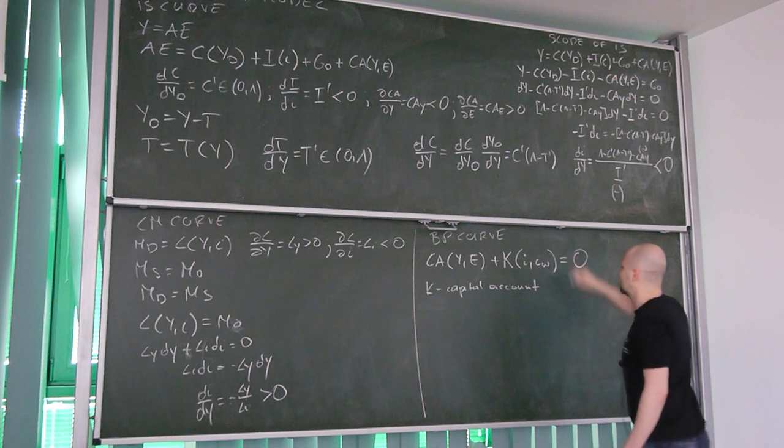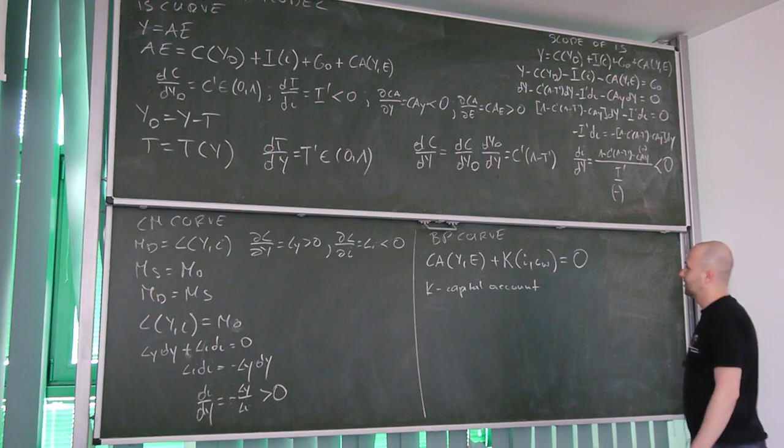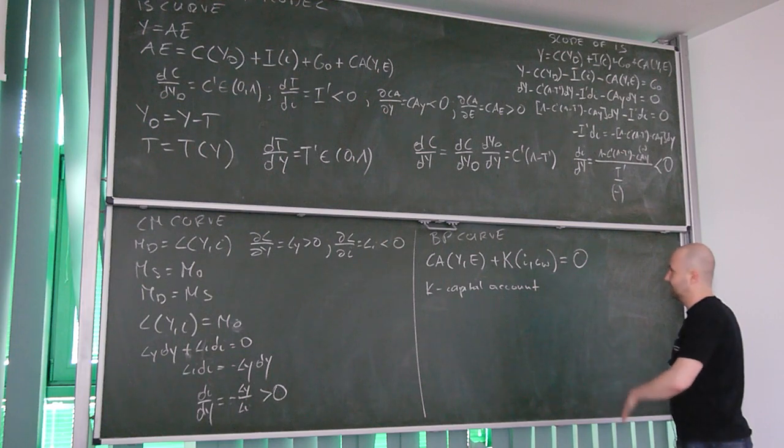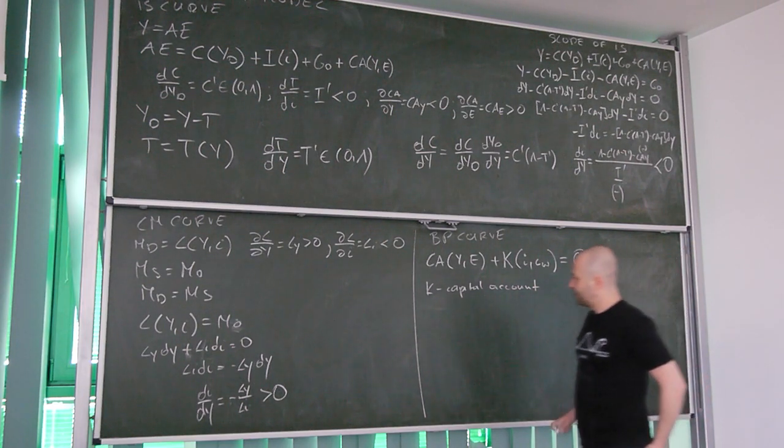And of course this needs to be equal to 0, like we discussed before. This is the equation representing demand and supply for currency.